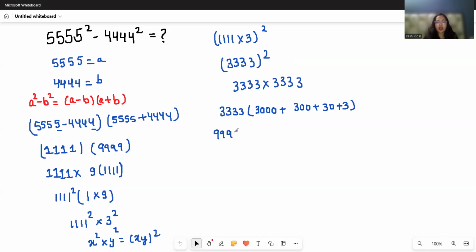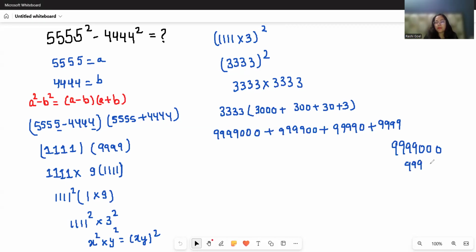So 9999000 plus 999900 plus 99990 plus 9999. Now we can simply add them without using a calculator. 9 plus 9 gives us 18, carry over 1, it's 27 plus 1, 28.